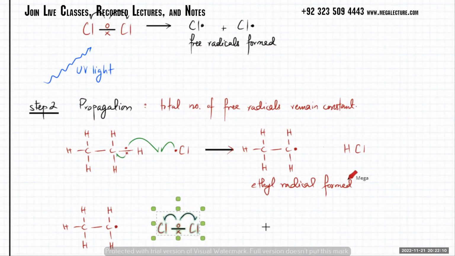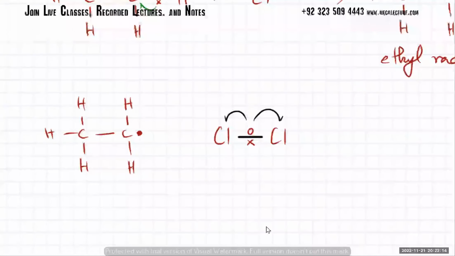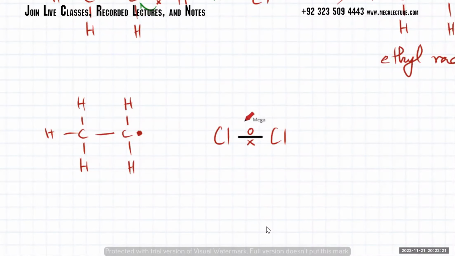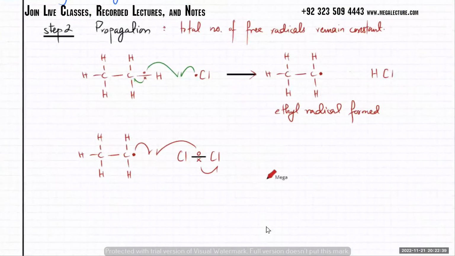Now this radical that is formed, the carbon atom over here, wants to complete its outer shell. So it's going to grab one of the Cl's electrons, pull that electron and share it with itself and try to bond with it. The Cl-Cl bond was already in the process of breaking up due to UV light, so it will eventually break up.